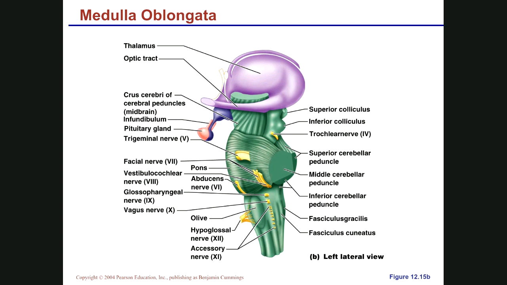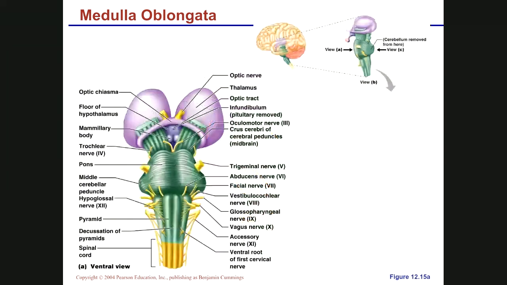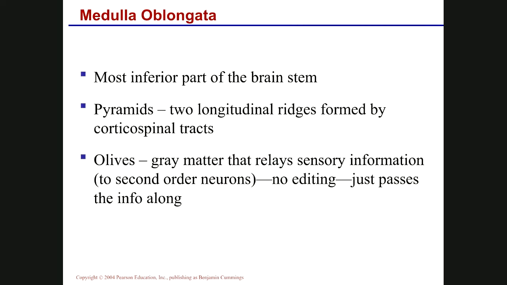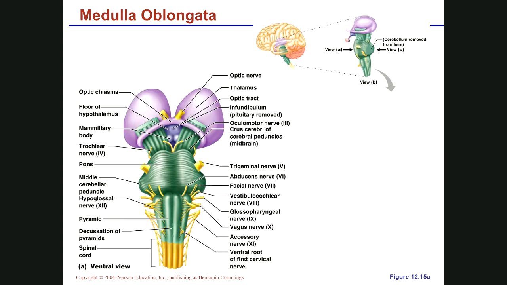I don't know that they do, but they're on the lateral sides. Again, what we have here is the second order neurons. There is no editing here, the way that we had up in the thalamus. It just passes the information along. But because it's cell bodies, this is where gray matter is located. And cell bodies are larger than axons, and so we get these sort of swellings. And so again, those are the olives.